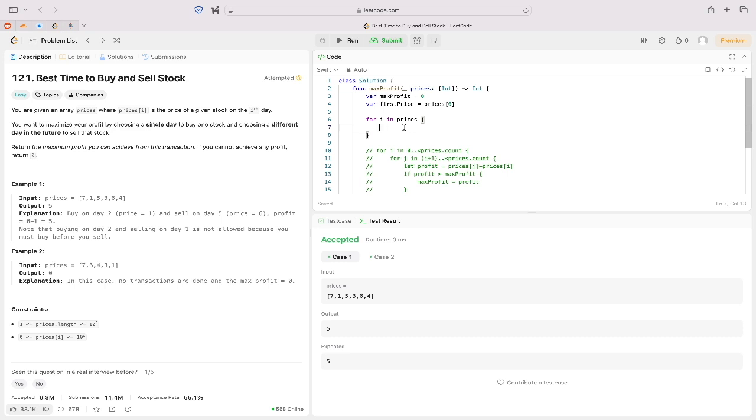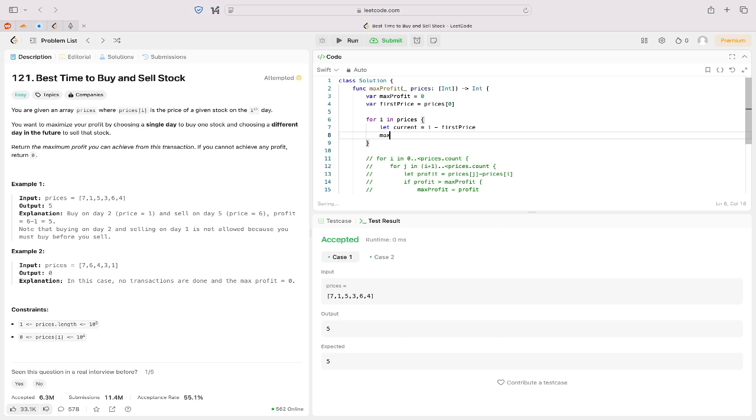And then we can check our current price, which would be i, minus our first price. So that's our current, and then we can just check our max profit against that.